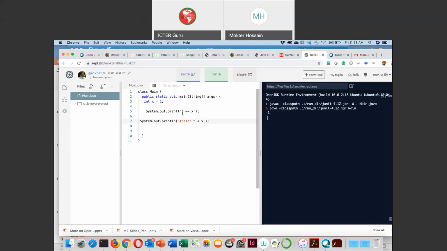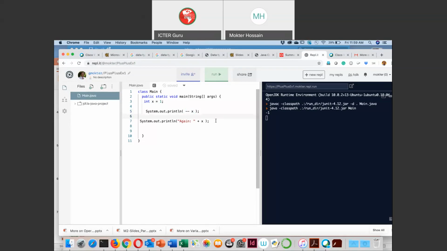So when you say minus minus x, actually what it will do, it will first decrease x by 1. So x equal to 1, then minus 1 equals 0. So in this line, it will print 0.